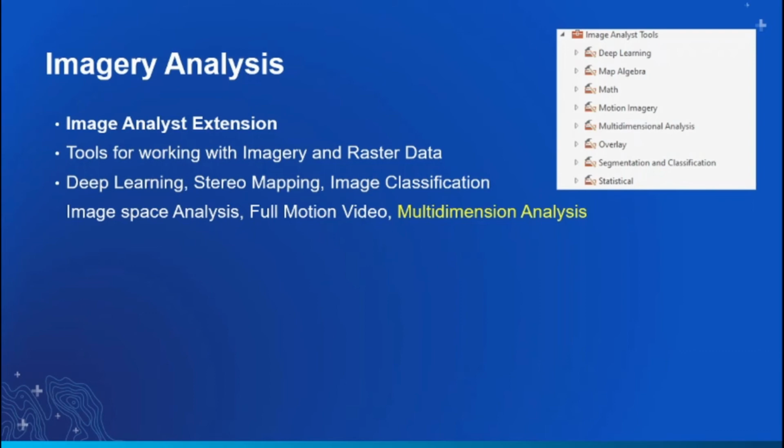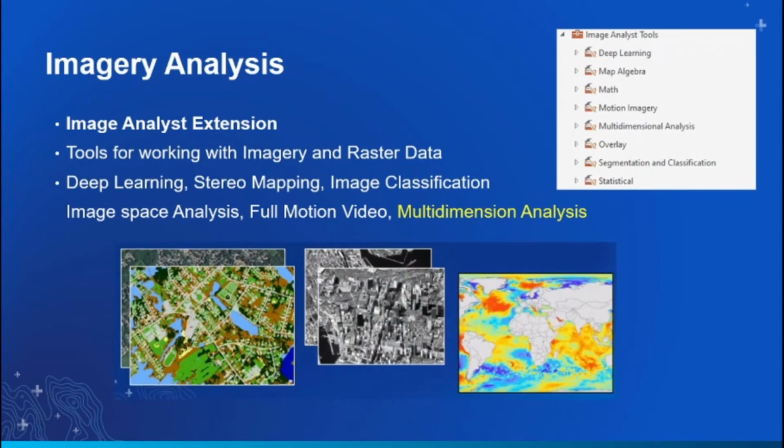Or you're able to do image classification and categorize different pixels from a remotely sensed object or image, or even do image space analysis, which is basically finding patterns within an image, or multi-dimension analysis. So the imagery analysis toolset allows us to do all these things within the ArcGIS Pro framework.